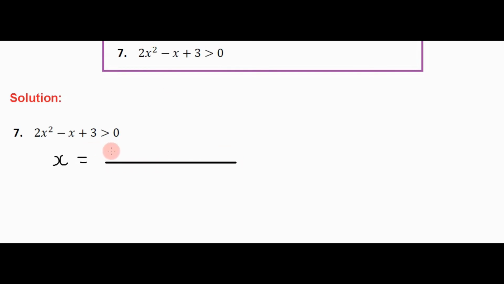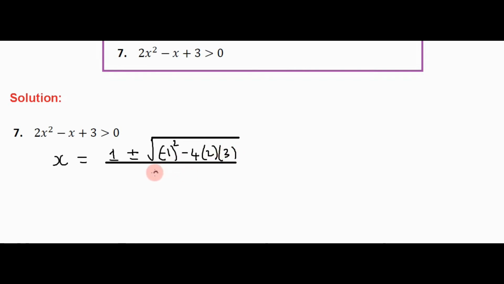So x equals negative b, which is minus negative 1, so 1, plus or minus the square root of b squared, which is negative 1 squared, minus 4 times a times c.